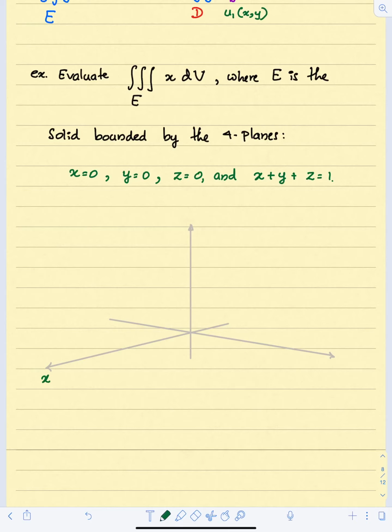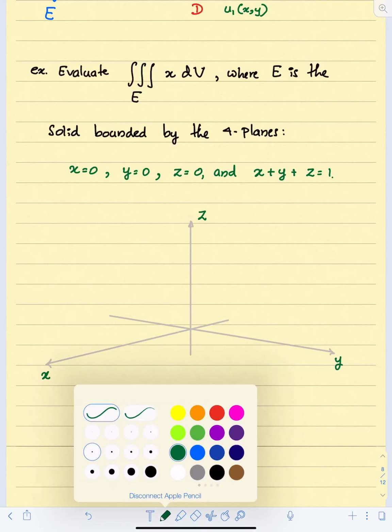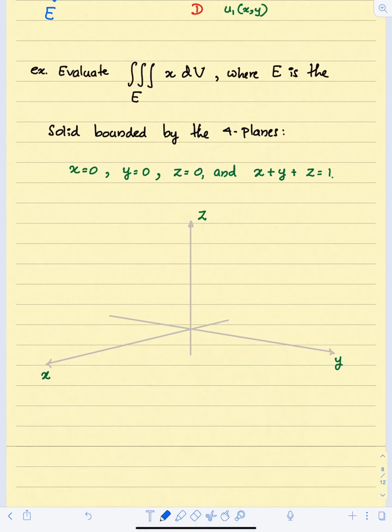So we have the x-axis, y-axis, and the z-axis. Now x equals 0 is the yz plane, y equals 0 is the xz plane, it's this one, z equals 0 is the xy plane. Now x plus y plus z equals 1 will be a plane like this.